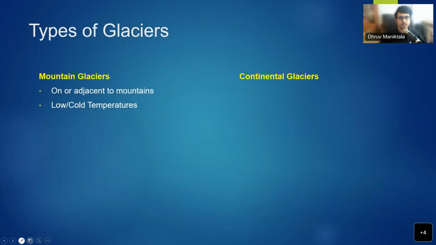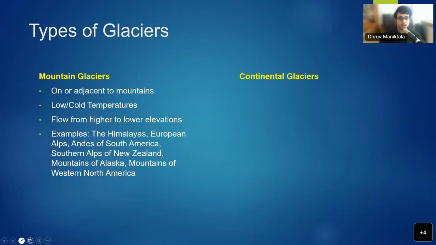So the higher the mountain is, the more chances of glacier formation there are. Glaciers often flow from higher to lower elevations. These are examples of mountain glaciers: the Himalayas, the Alps in Europe, the Andes in South America on the Peruvian and Argentine coast, and the Southern Alps in New Zealand. Then we have mountains in Alaska and mountains of Western North America.